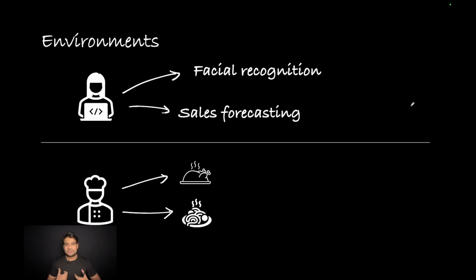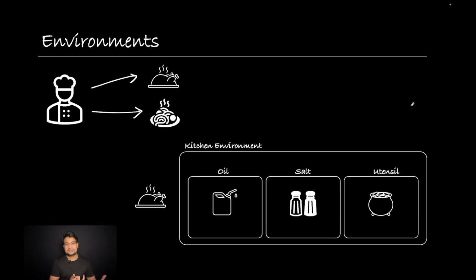So let's say I'm a chef and I know how to make butter chicken and pasta. I need to make both. So in order to make butter chicken and pasta, I need a kitchen. I need a kitchen environment. And this is, let's say, the global environment that I have. I just have one kitchen, that's the kitchen environment which I have. Now, if I want to make butter chicken, I need mustard oil and I need table salt, and let's say I need a pot in terms of utensil.